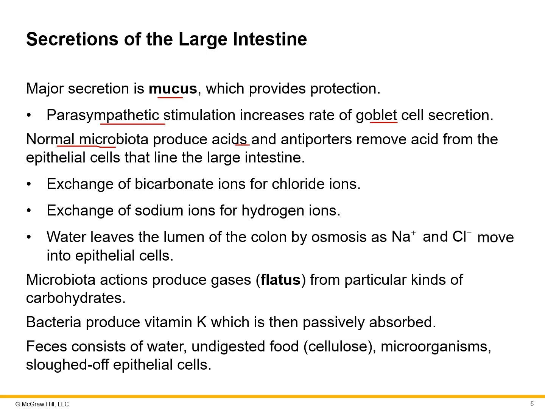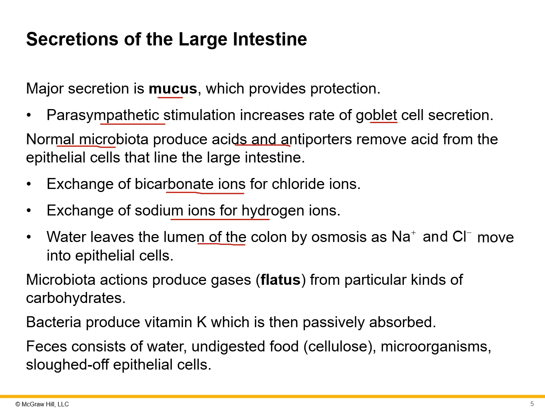They're making different acids, and there are antiporters that help remove acid that line the large intestine. So we get the exchange of bicarbonate for chloride ions to help with neutralization, as well as hydrogen ions for sodium ions. The combination of those two exchangers helps decrease the acidic nature inside the large intestine.